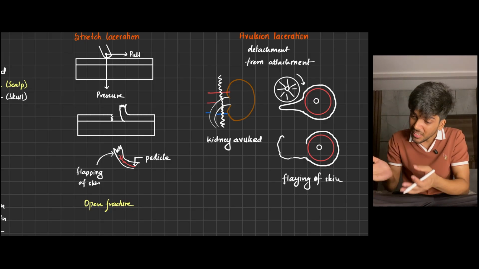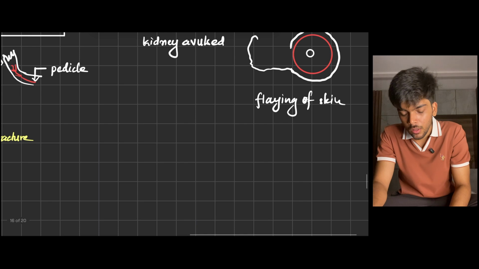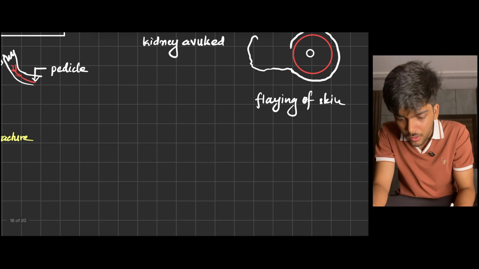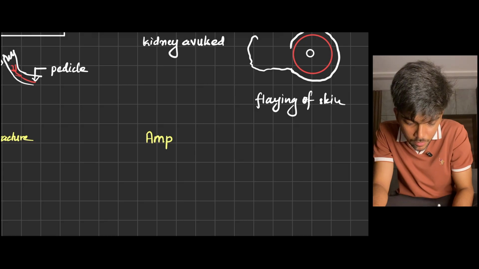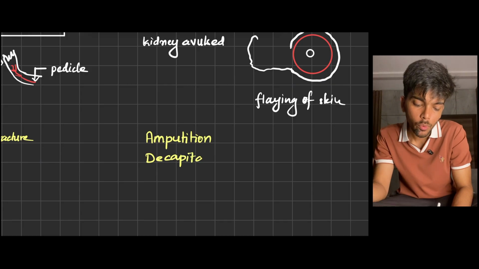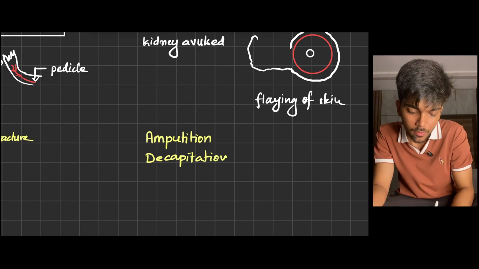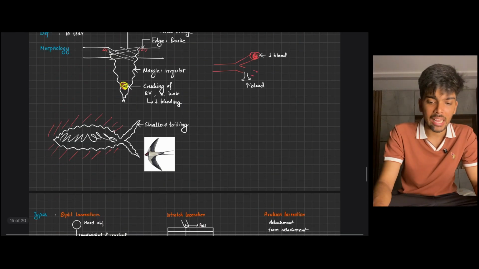This cannot be resutured back. Okay, then other examples are amputation, like decapitation. The head is removed at the level of the neck. And with that, we are done with laceration as well.